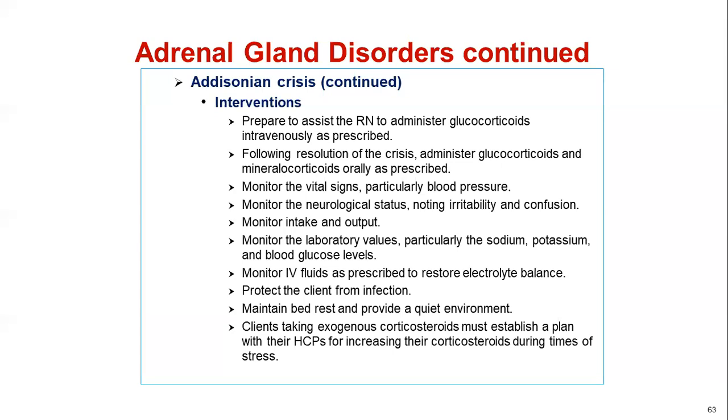Monitor the neurological status, monitor the input-output chart, monitor the laboratory values, because potassium level goes up, calcium level goes up, magnesium level goes up. On the other hand, sodium level goes down, glucose goes down, cortisol goes down. So laboratory values are really important. Also monitor the IV fluid. Also protect the client from infection.